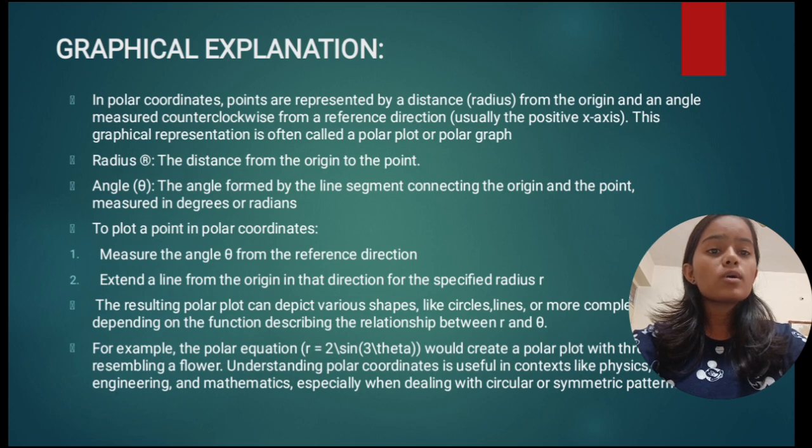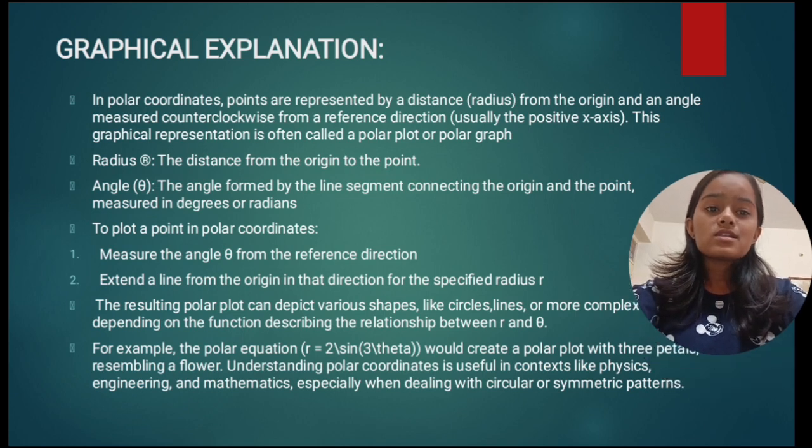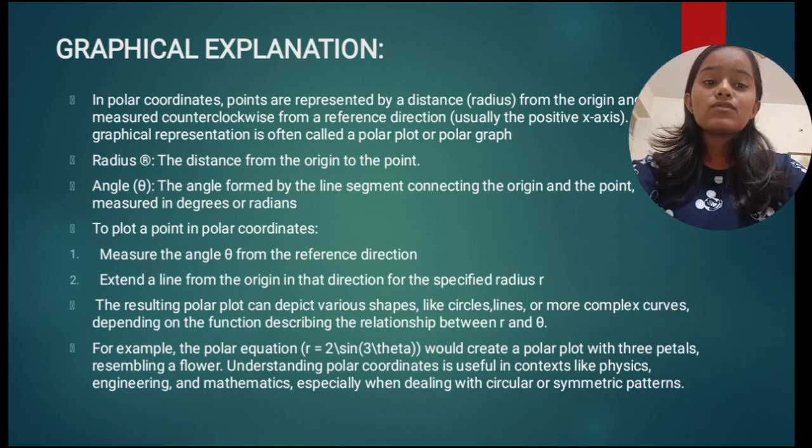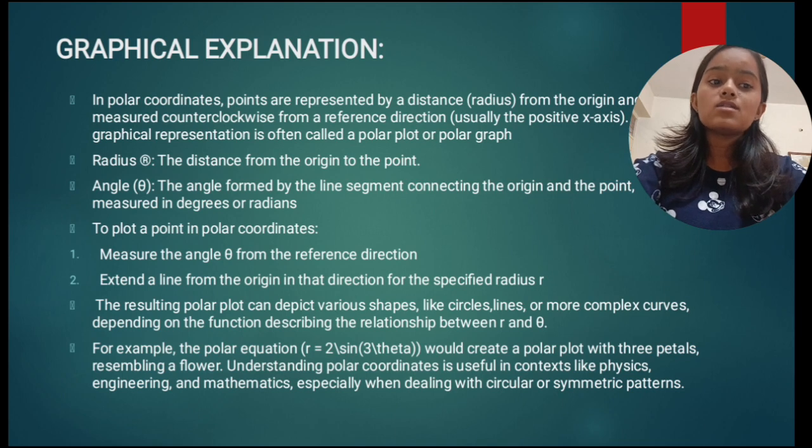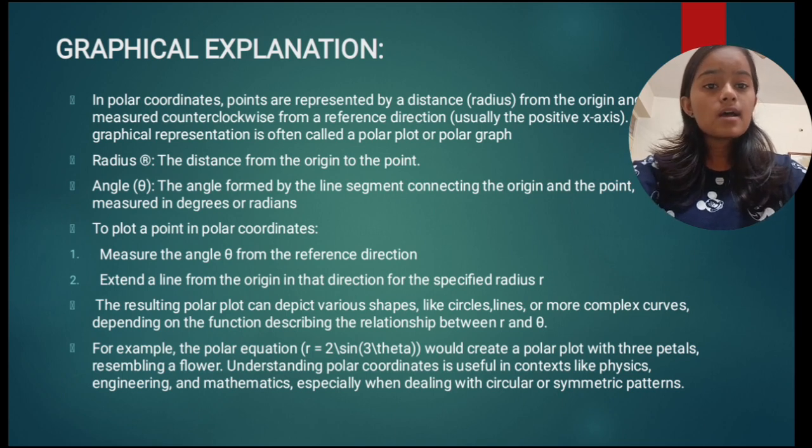Next, how to plot a point in polar coordinates. First, we have to measure the angle theta from the reference direction. Extend a line from the origin in that direction for the specified radius r. The resulting polar plot can depict various shapes like circles, lines, or more complex curves depending on the function describing the relationship between r and theta.